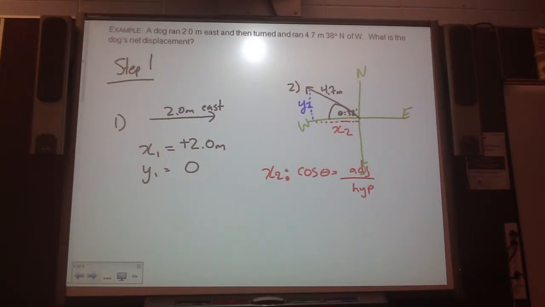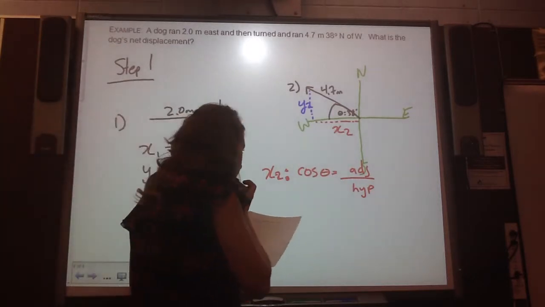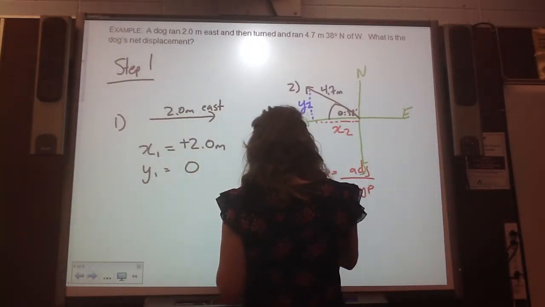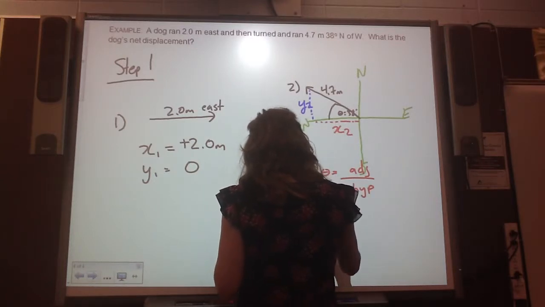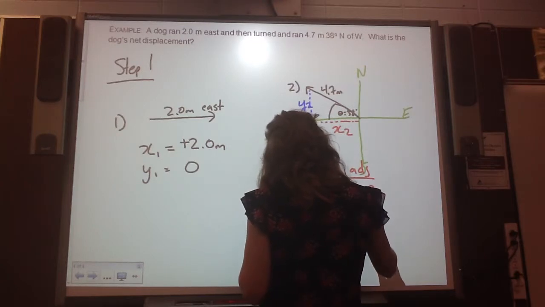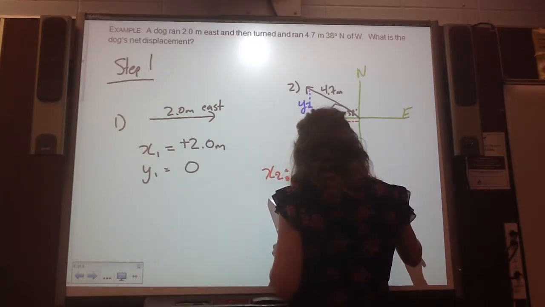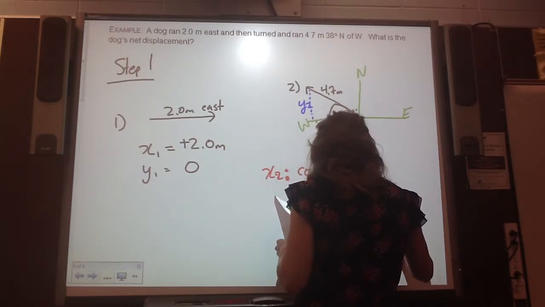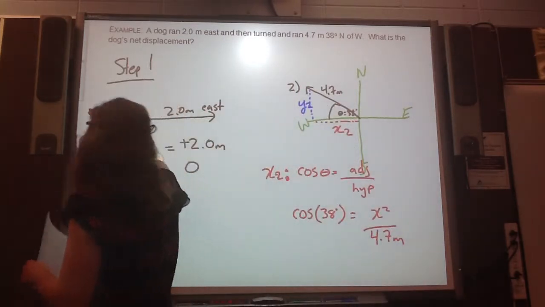So adjacent over hypotenuse. Okay, so now I can put this in. I know what my theta is. Theta is 38 degrees. This is equal to x2 divided by my hypotenuse, which I know is 4.7 meters.